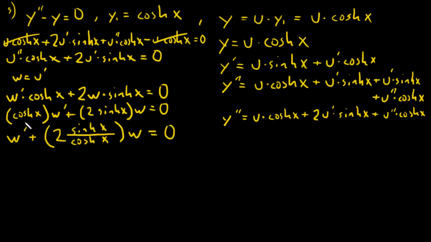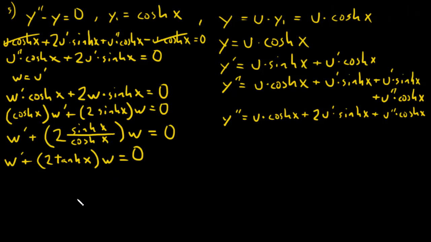All I did was divide every single term by hyperbolic cosine. Okay, so now I've got this. Well, hyperbolic sine divided by hyperbolic cosine is, yes, hyperbolic tangent. I don't have a name for hyperbolic tangent, it's not tanth or something weird. So I'm just going to have to say 2 hyperbolic tangent of x, w. Okay, so far so good.